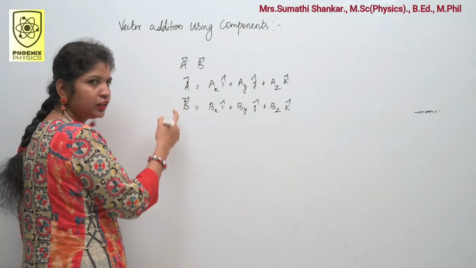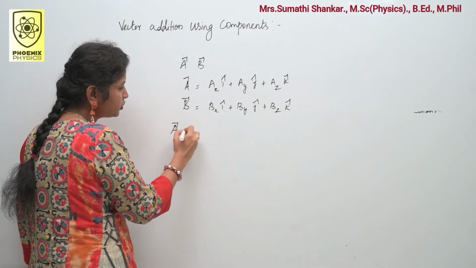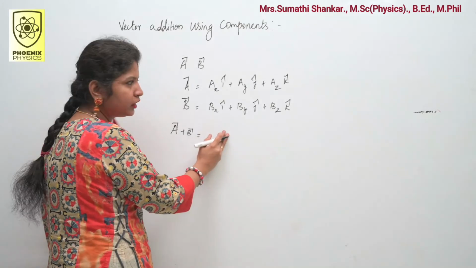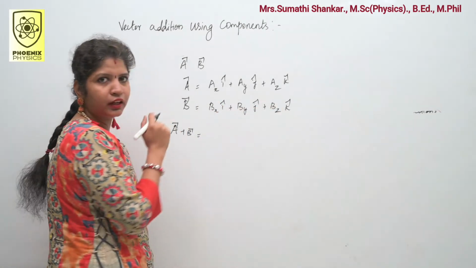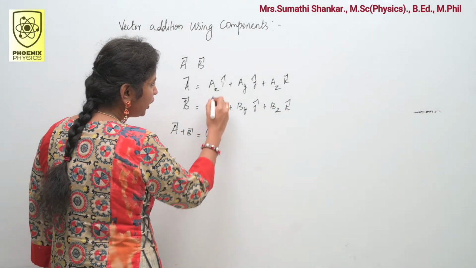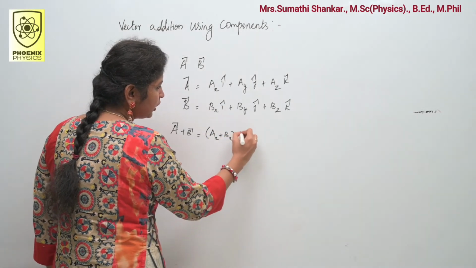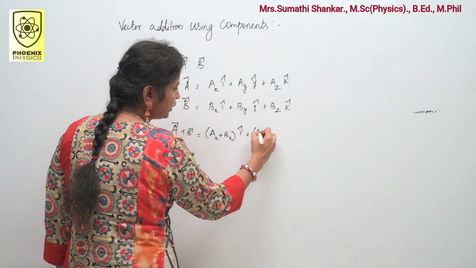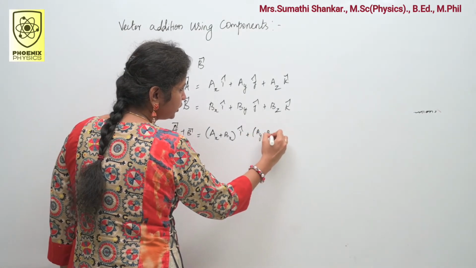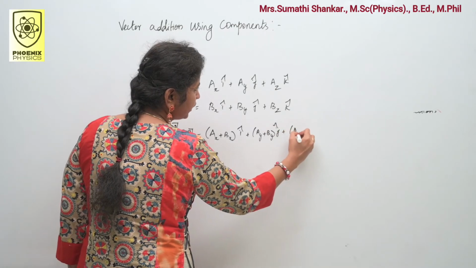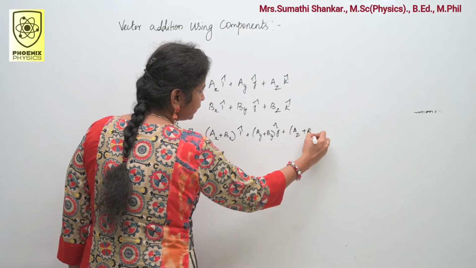How do you add these two vectors? That is A plus B means just add the i coordinate separately, j coordinate separately and k coordinate separately. Ax plus Bx i vector plus Ay plus By j vector plus Az plus Bz k vector.